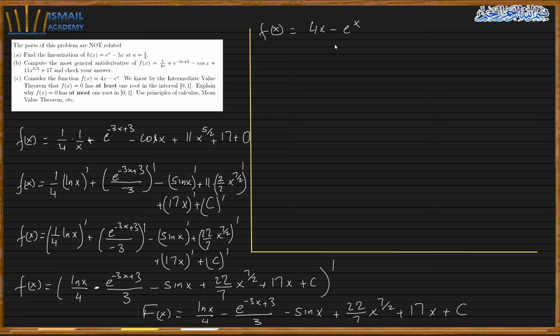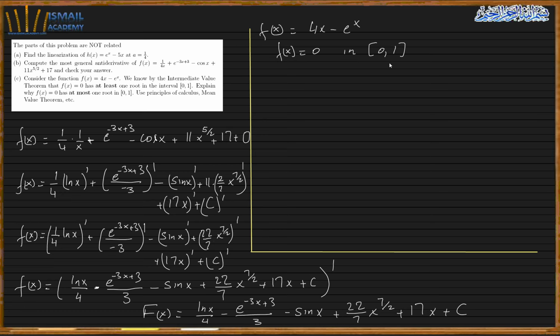We know by the intermediate value theorem that f of x equals 0 has at least one root in the interval 0, 1. So I explained why f of x has at most one root. So we cannot have at least, but only at most. That means only either one or nothing.